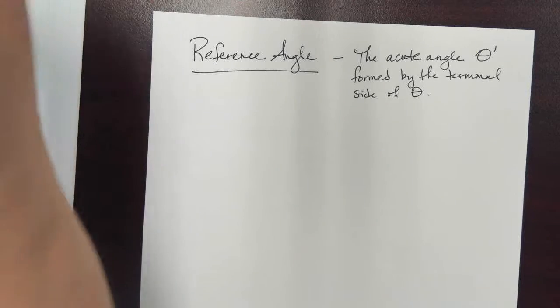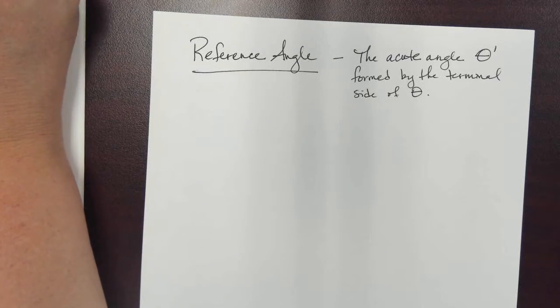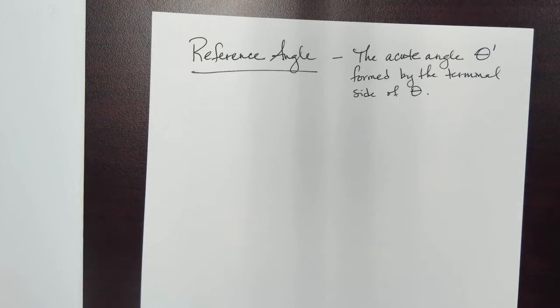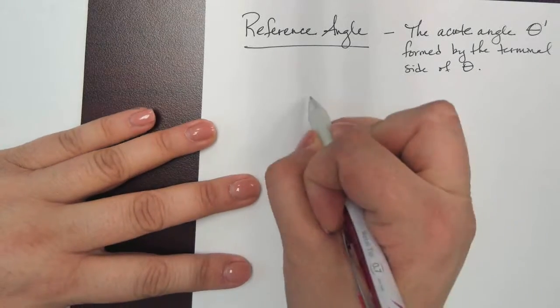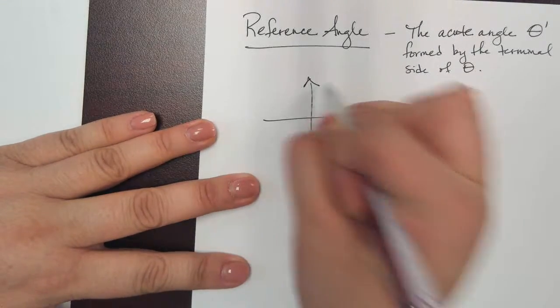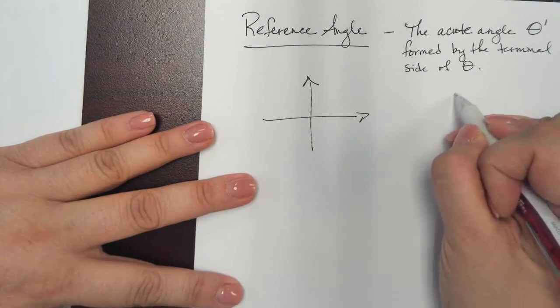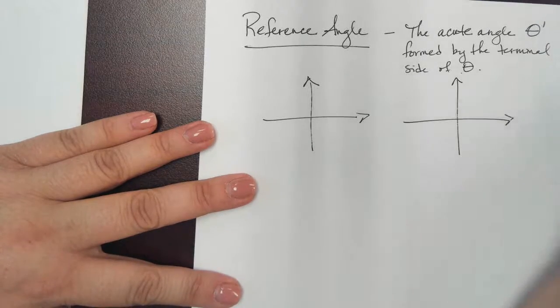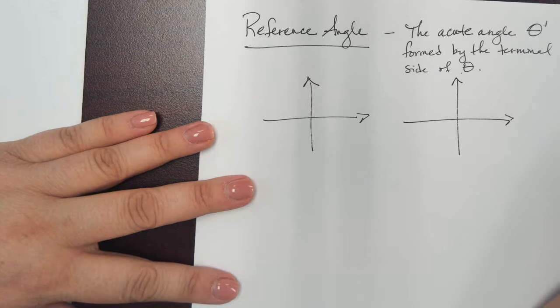What does that mean? What does the prime mean? It just signifies a difference between theta and theta prime.